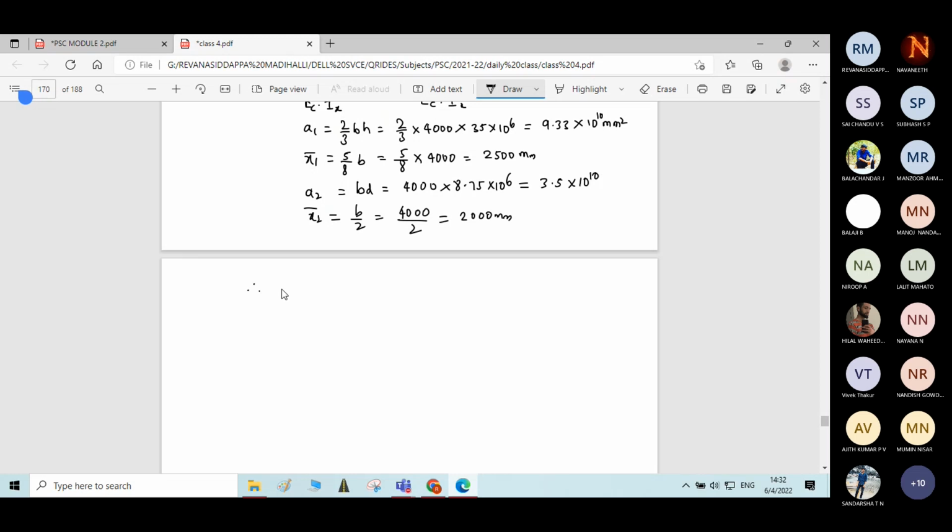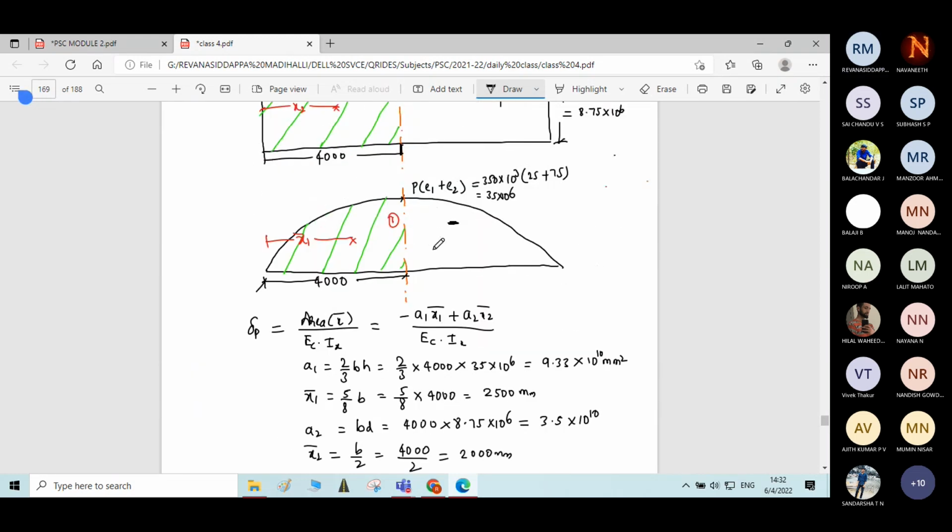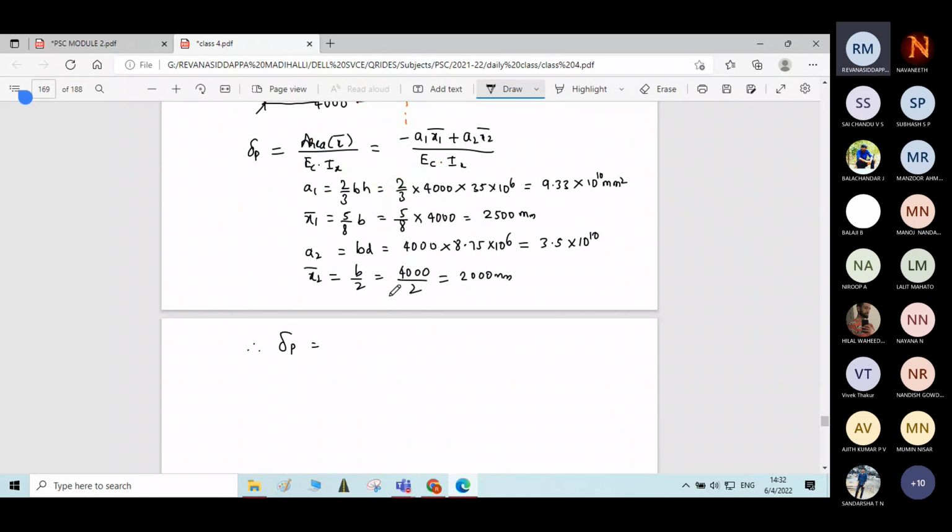Now you can substitute everything and get the deflection due to prestressing force. Therefore, delta P is equal to minus A1 x1 bar, minus 9.33 into 10 power 10 into x1 bar 2,500, plus A2 x2 bar, that is 3.5 into 10 power 10 into x2 bar 2,000, whole divided by Ec into Ix.